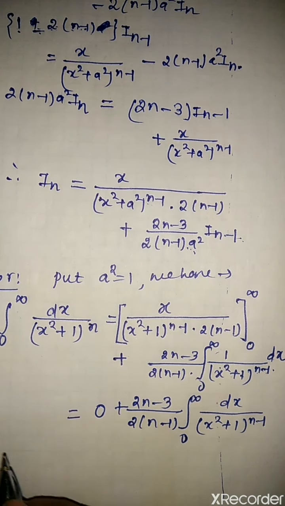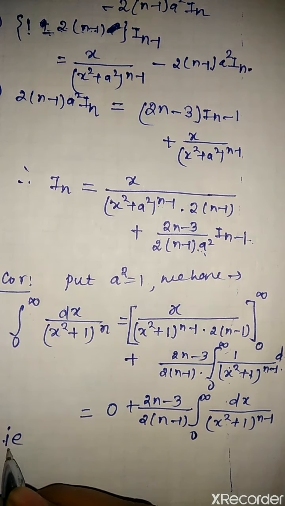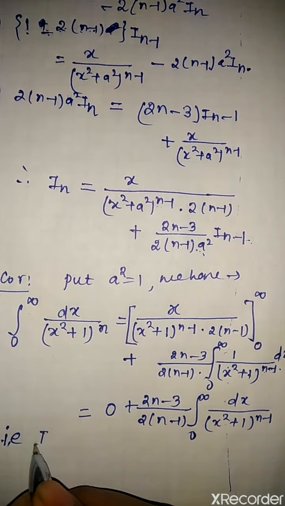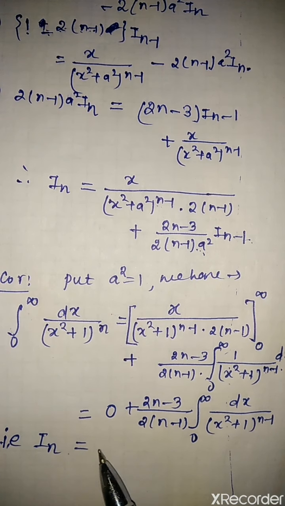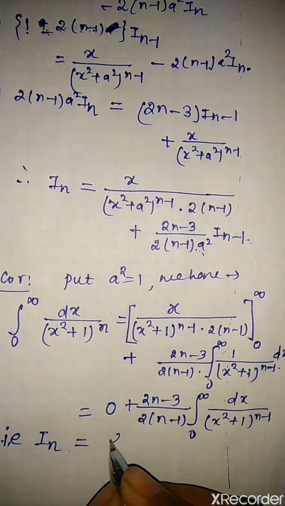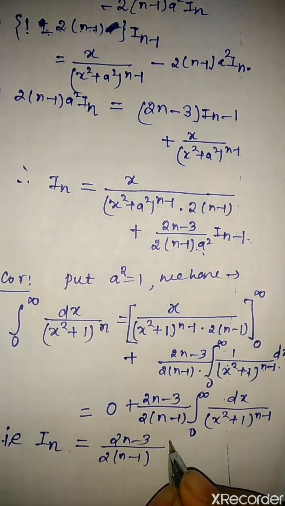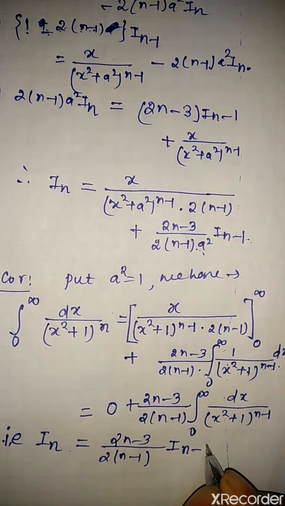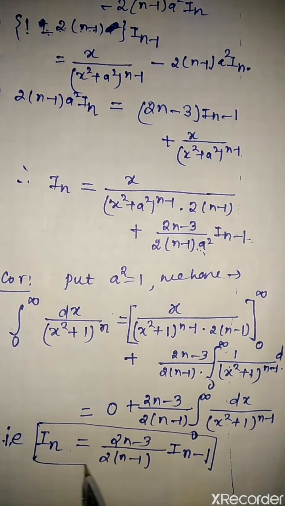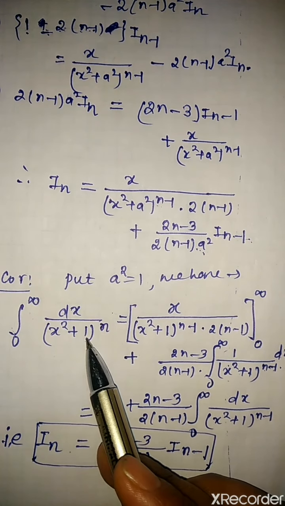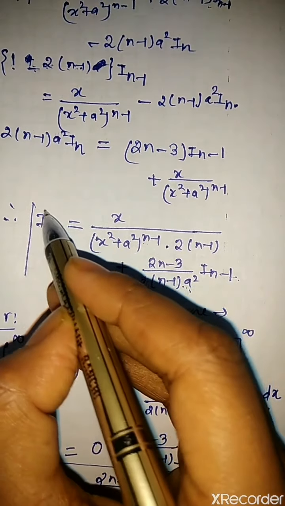So that is the left hand value. We can write the I_n. So I_n is equal to (2n minus 3) divided by 2 times (n minus 1) I_{n-1}. So this is the reduction formula for having a square equals to 1. Otherwise we have the reduction formula like this one.